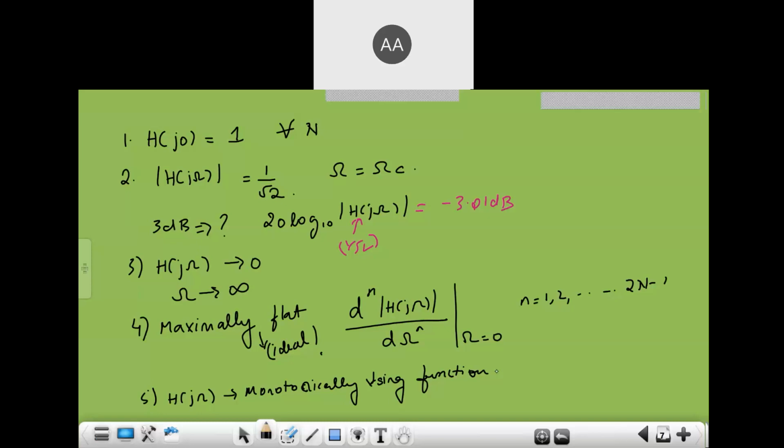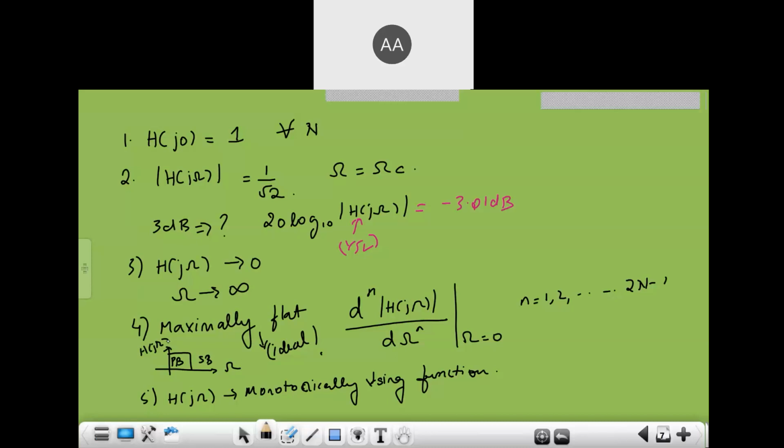Ma'am, the fourth equation, once you explain that point, I didn't get it. Maximally flat response. See, ideal filter characteristics means if it's a low pass filter, you should have the pass band like this, and the stop band like this. Omega, this is H of j omega, right?